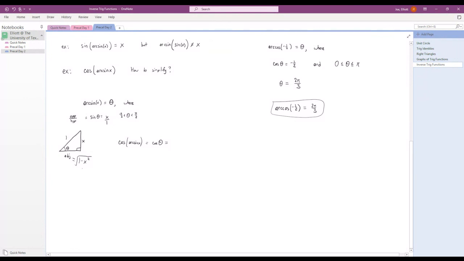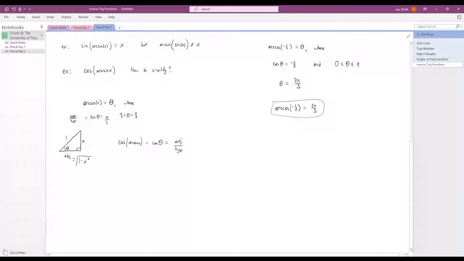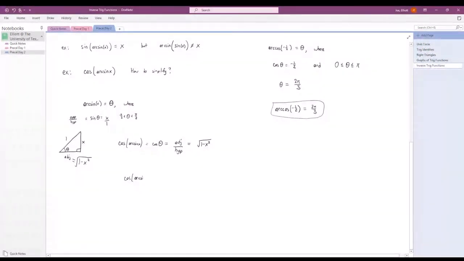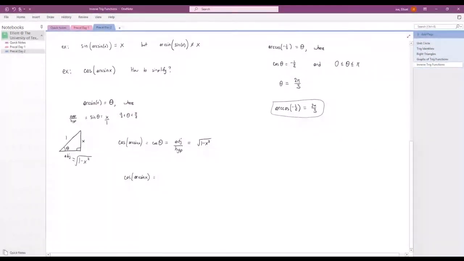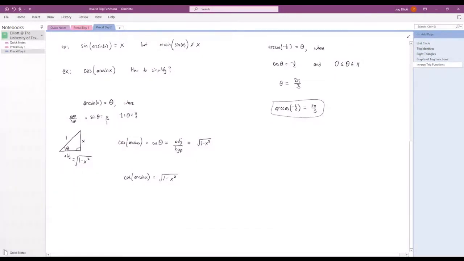And then with cosine being the adjacent over the hypotenuse, that would just be square root of 1 minus x squared over 1, okay? So therefore, cosine of arcsine of x can be simplified as square root of 1 minus x squared.